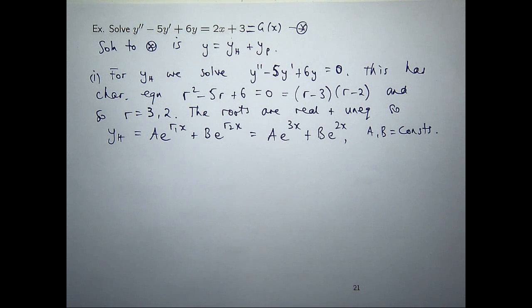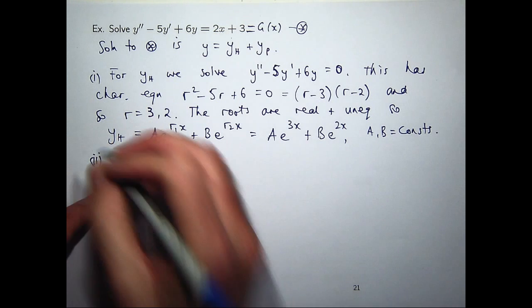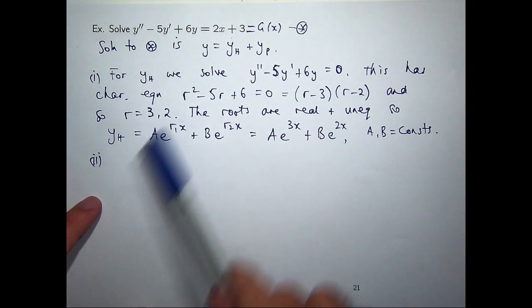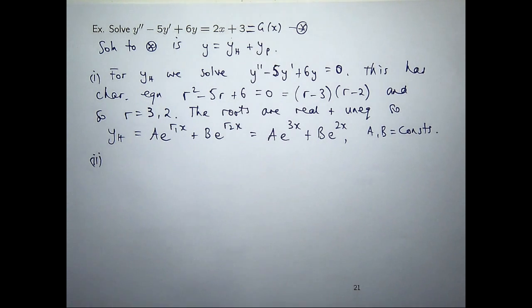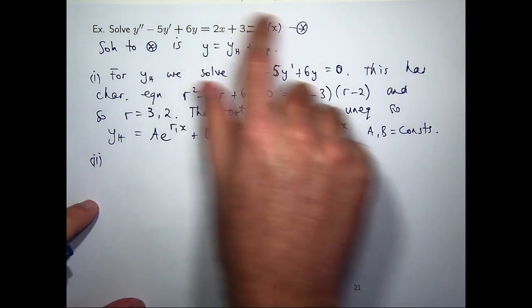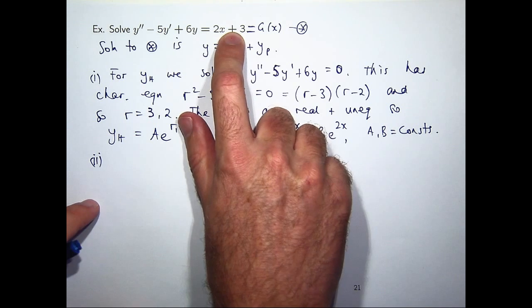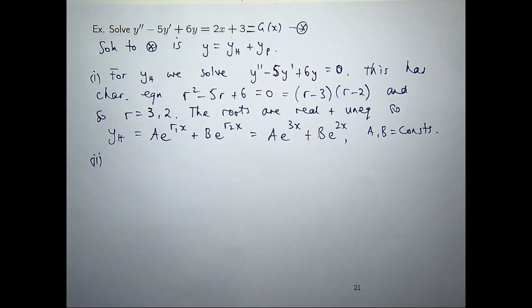As long as we can solve a quadratic and analyse the roots, we can come up with our homogeneous solution to this problem. Okay, the slightly more difficult part is constructing your y sub p. Now what we're going to do is look at the form of this g of x, this right-hand side, and choose y sub p to be of a similar form.